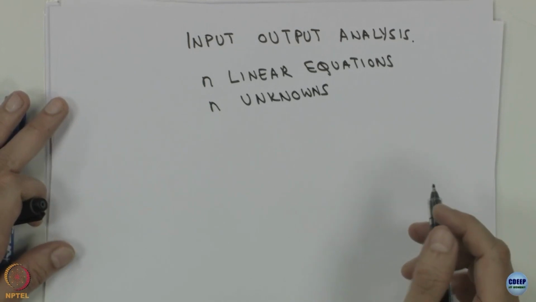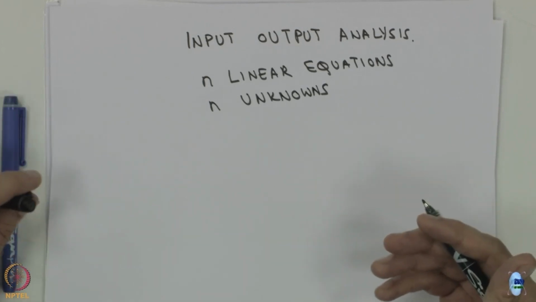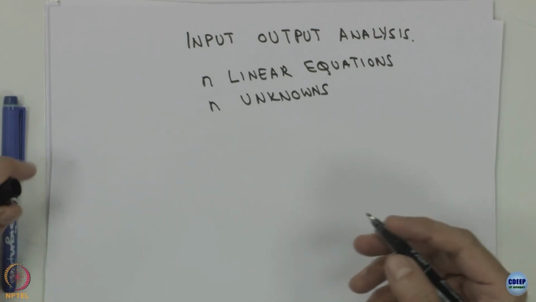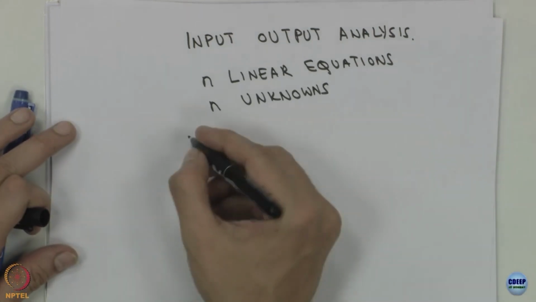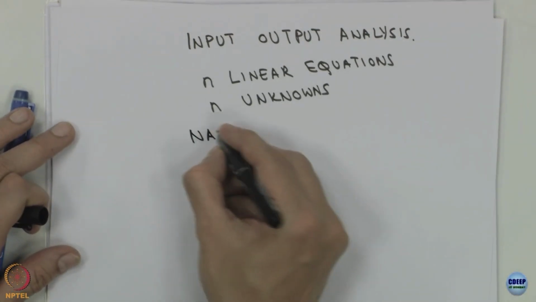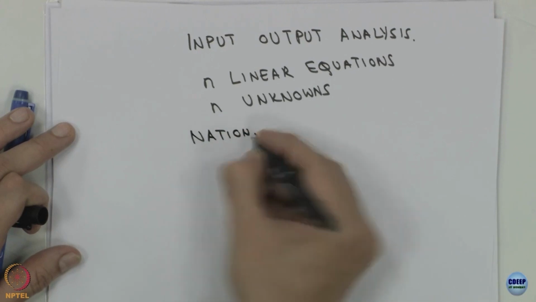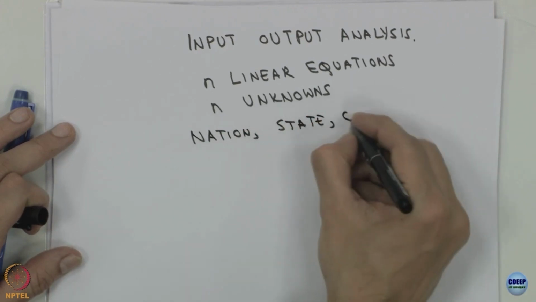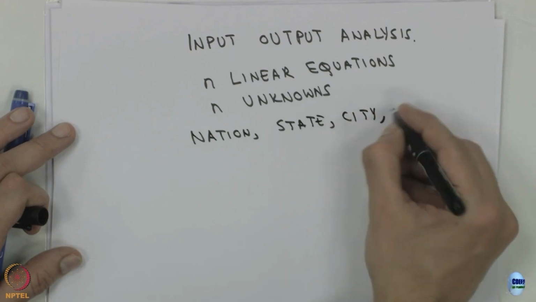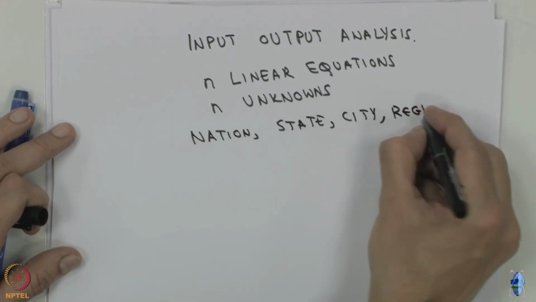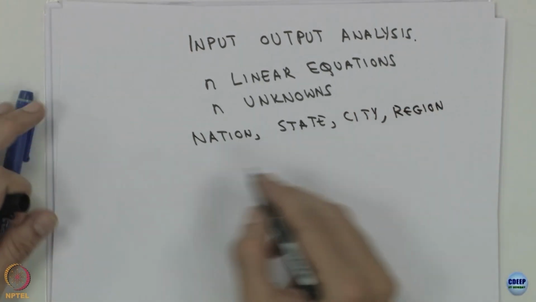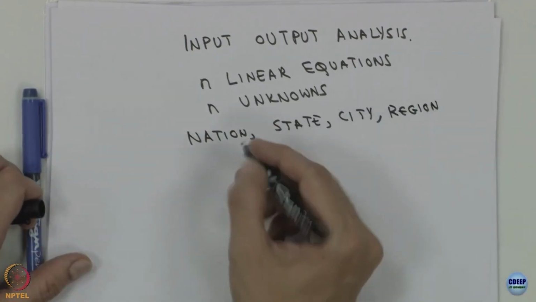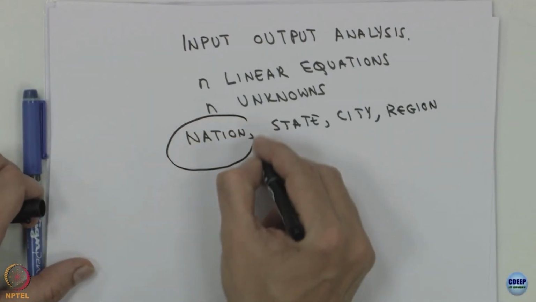We can start with what Leontief said: there was data of the economic activity of a region, which could be a country, a state, a city, or a region. Typically, of course, this would have to be an entity for which the data is usually available, and usually it is at the country level.